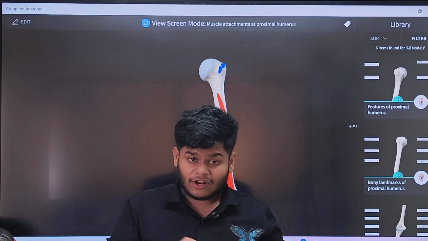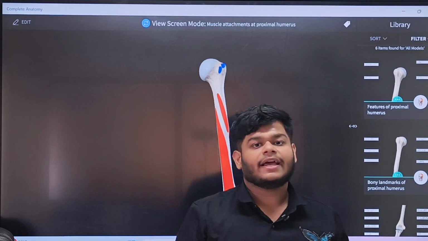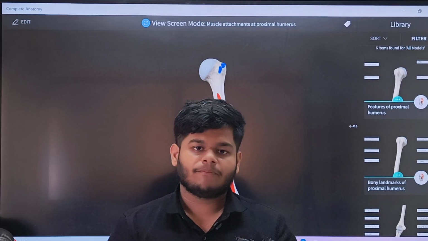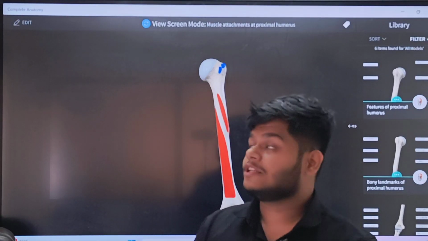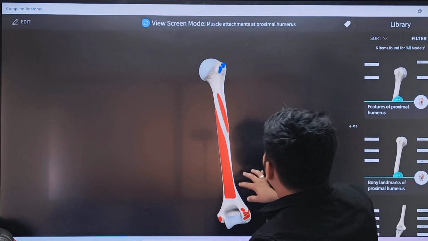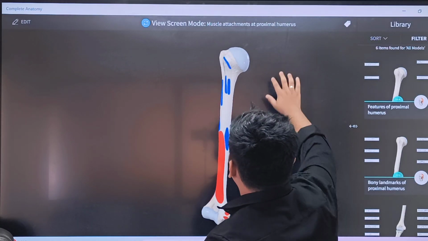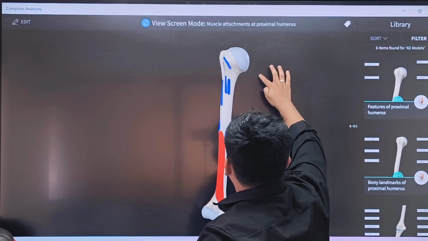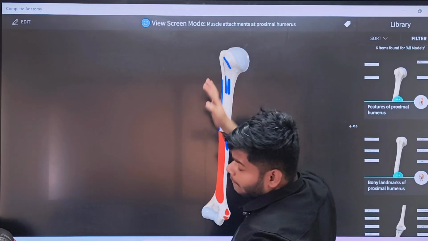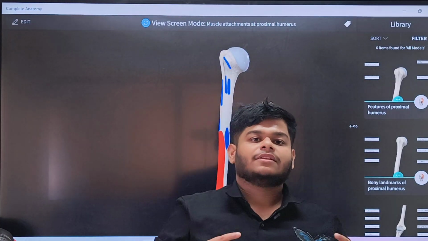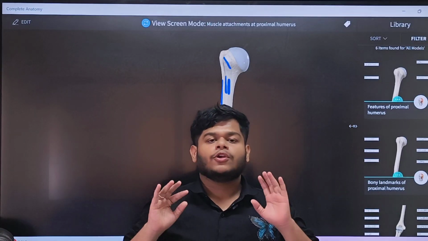We have to take care of that nerve during surgery, and hence the name surgical neck. It is very important from the clinical as well as surgical perspective. That was left from me in the previous classes. And here there is the attachment of the capsular ligament to form the capsule of the glenohumeral joint. This was all about the humerus.